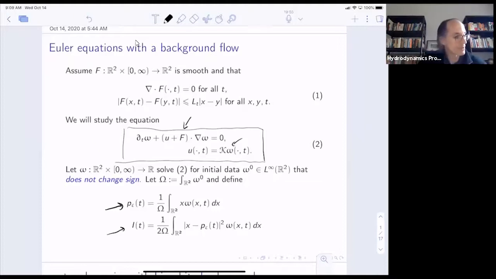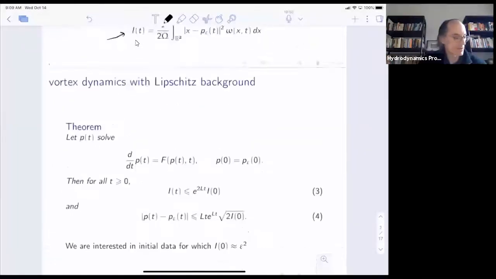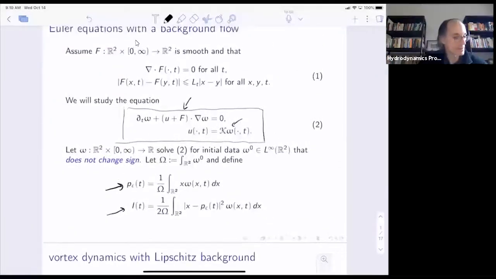So first we proved a comparison. We imagine we have this system of equations with vorticity concentrated around some point P naught, so that the initial moment is of order epsilon squared. This is the scaling we're interested in.